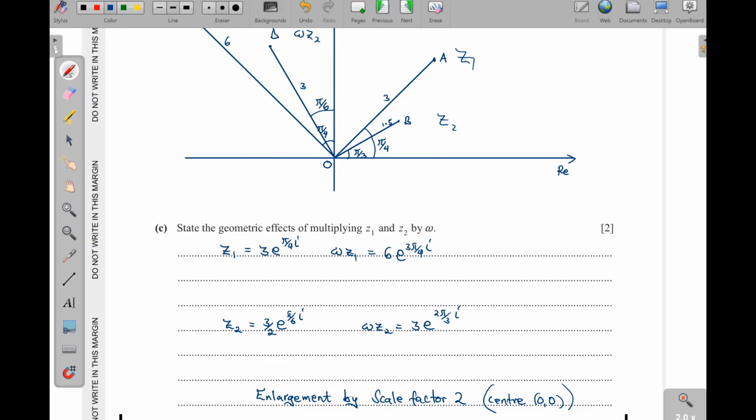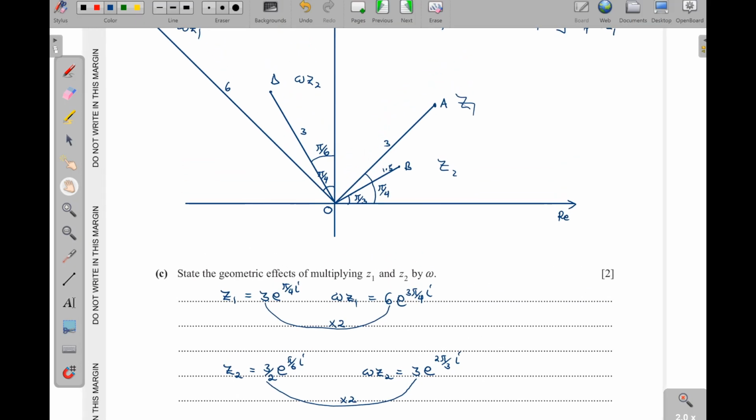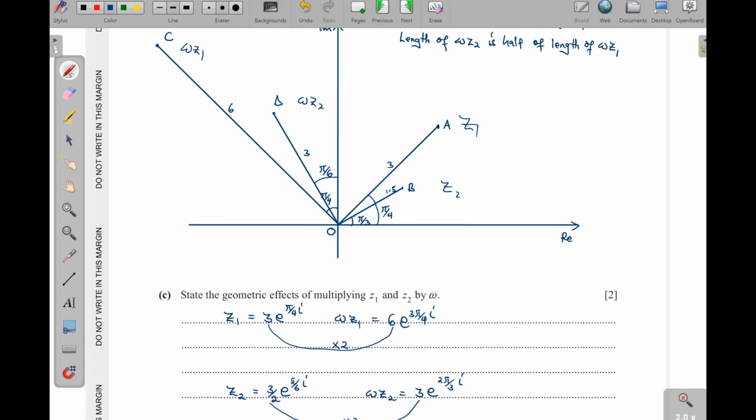I'm seeing this and this is times 2. Even here to here is times 2. Now let us look at the angles of z1 and then omega z1. For z1, this angle here is 45 degrees. Remember?